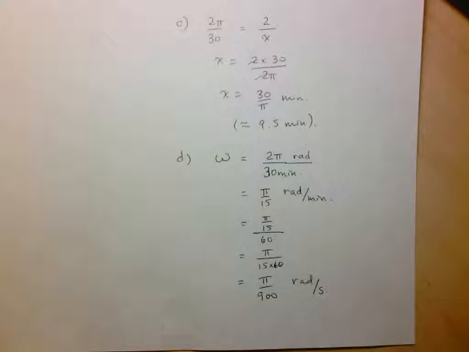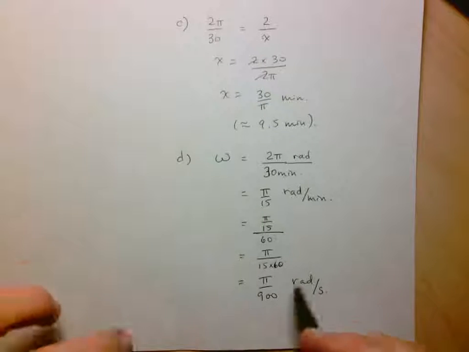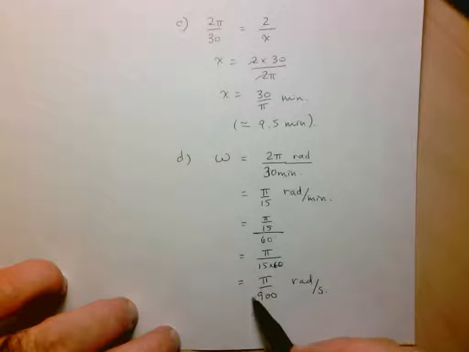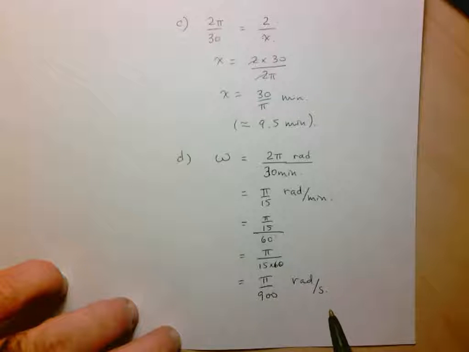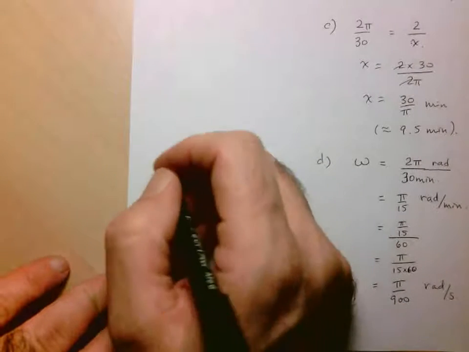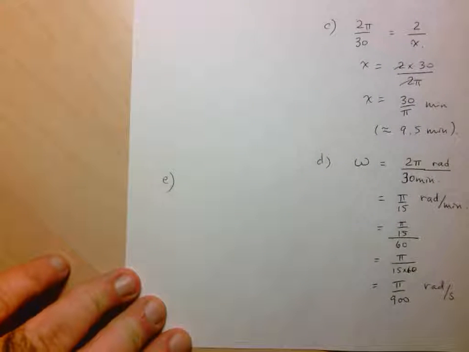E is asking what is the angular velocity of a passenger in degrees per second. I already know how many radians per second it is, so all I have to do is convert this angle in radians to an angle in degrees, and that'll give me the answer in degrees per second. We need to convert pi over 900 radians into degrees.